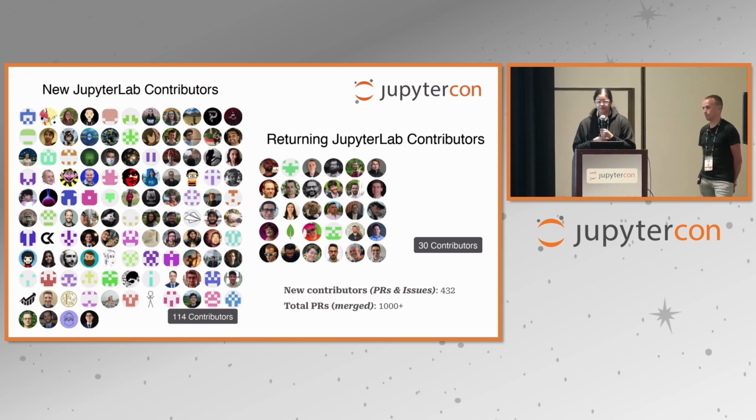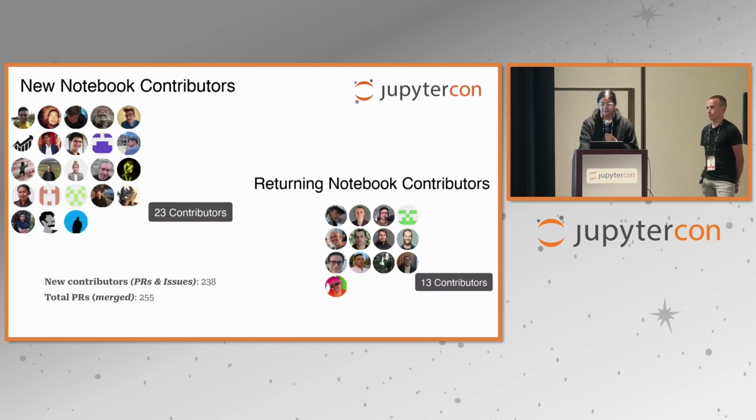Many of those faces you might see in this event. In total, issues and PRs, there were 432 contributors, and then more than 1,000 PRs merged. And then in Notebook, there were 23 new contributors, as well as 13 returning contributors, and a total of 238 PRs and issues created, and 255 PRs merged.